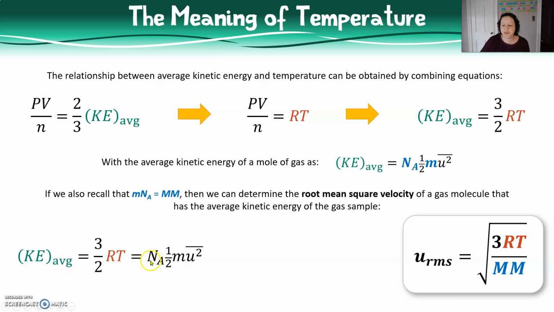And so if we recognize now that the average kinetic energy is equal to 3/2 RT, and it's also equal to this kind of nasty expression, and we substitute in molar mass for the mass and the Avogadro's number term, and we do a little bit of rearranging here, and we take the square root, we eventually get to this final equation, which is giving us something called the root mean square velocity of the gas molecules. And that is basically this URMS term.